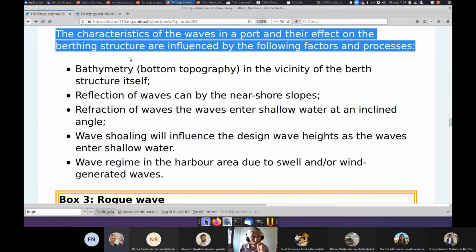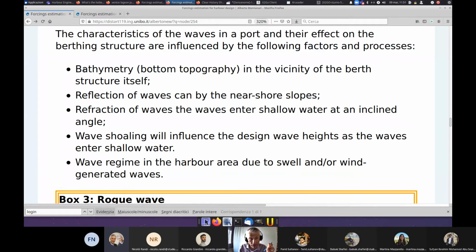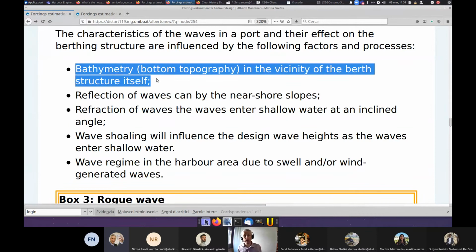Why is it important to highlight this? Because this points out what is the information that I require to support the design. First of all, bathymetry of the sea bottom, of course, in the vicinity of the berth structure.